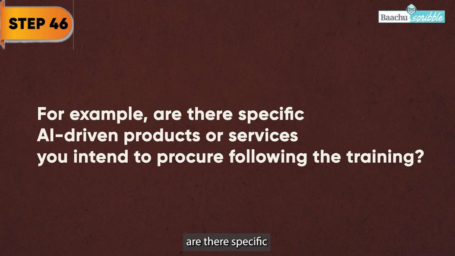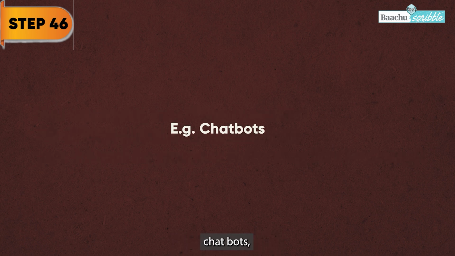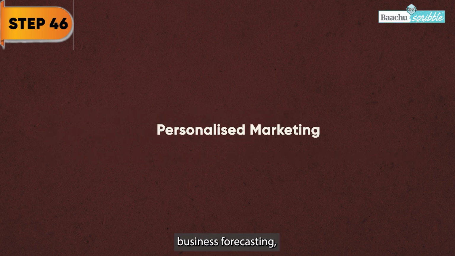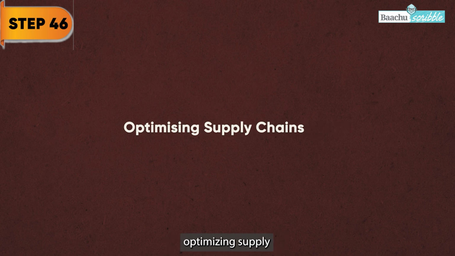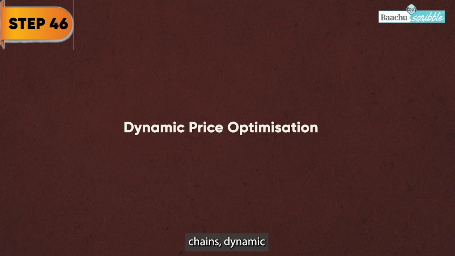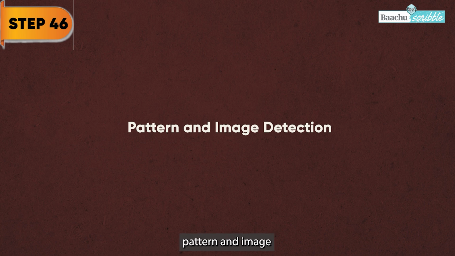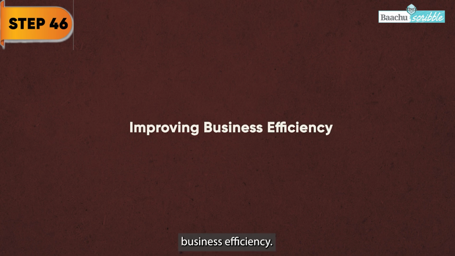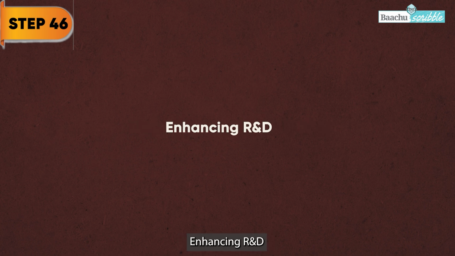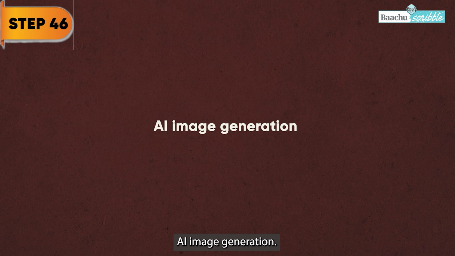For example, are there specific AI-driven products or services you intend to procure following the training, e.g. chatbots, business forecasting, personalized marketing, fraud detection and prevention, optimizing supply chains, dynamic price optimization, pattern and image detection, customer segmentation, reducing repetitive tasks, and improving business efficiency, enhancing R&D, AI image generation.